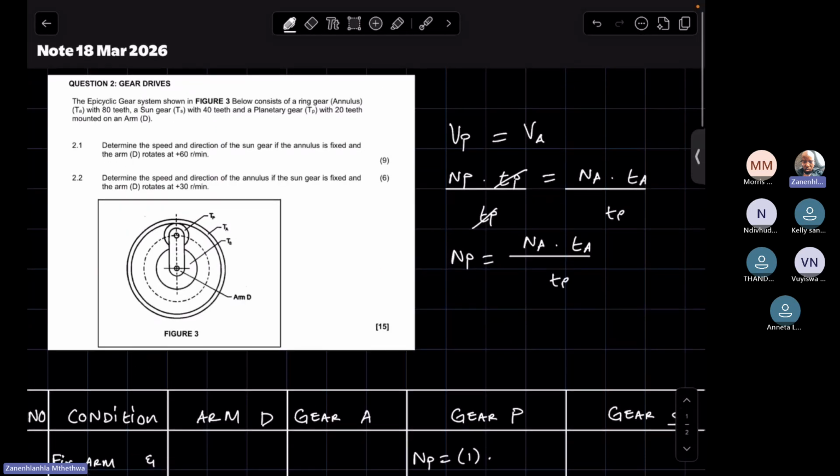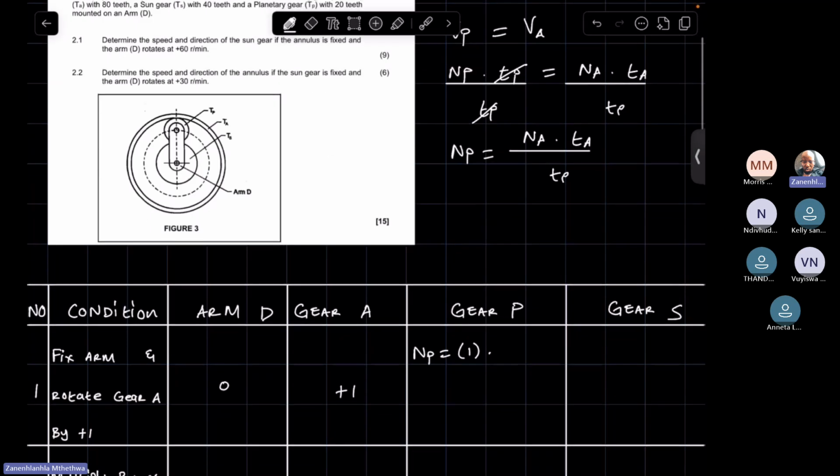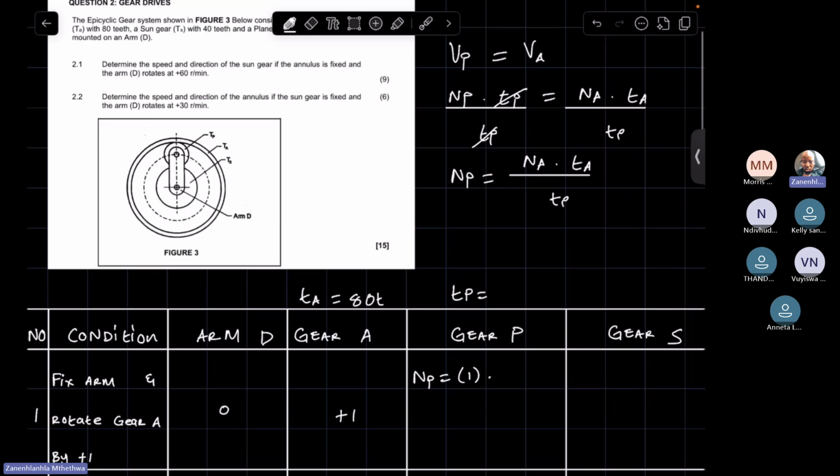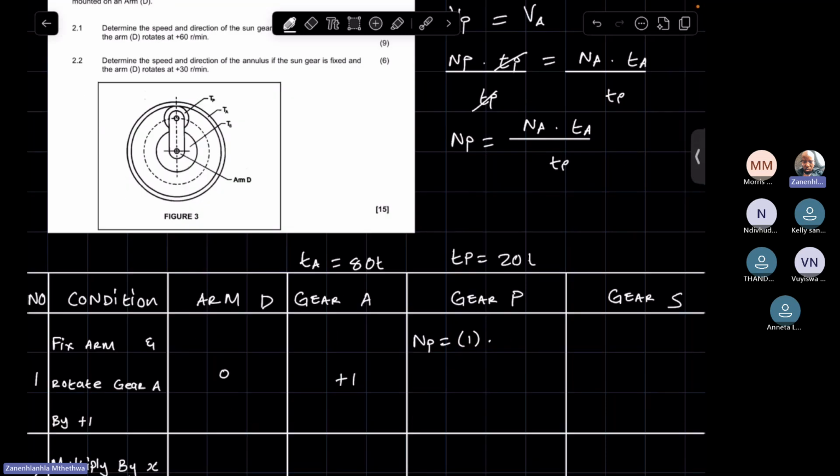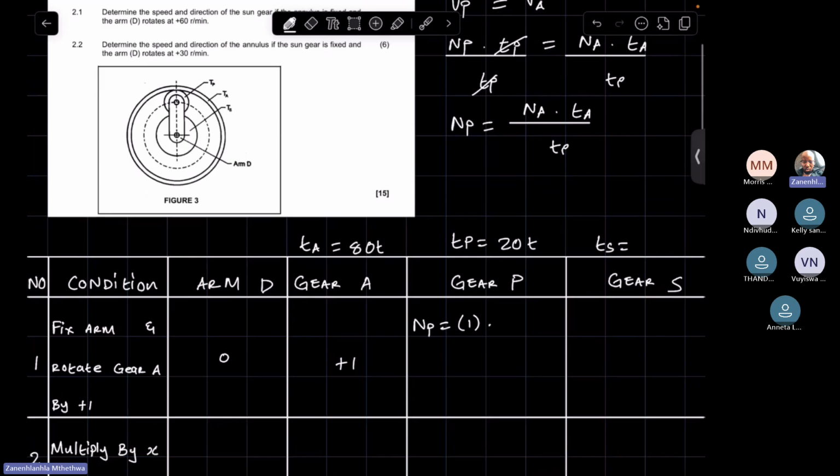The number of teeth are all given. I forgot to do this part. TA is equal to 80 teeth, TP is equal to 20 teeth, and TS is given as 40 teeth.